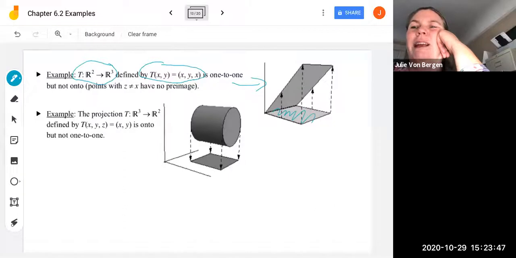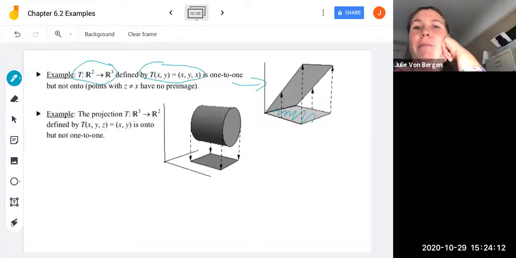So that's why it's like a linear plane cutting through. So that'd be one-to-one because each value maps to a unique point in R3, but it's not onto because there are plenty of z values here that are different from x that can't pull back onto that plane. So there's no preimage.